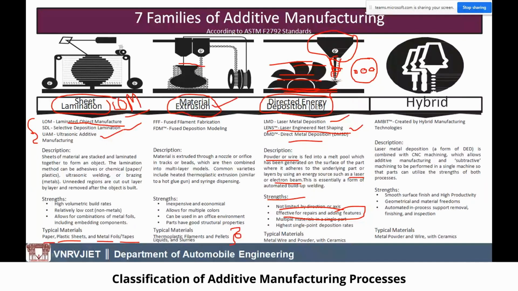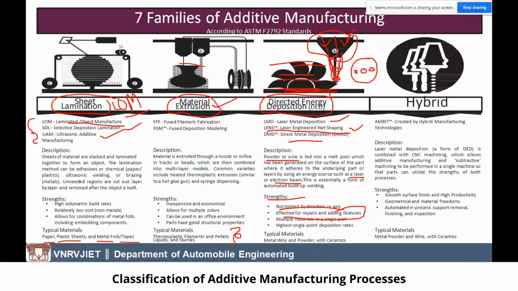And multi-materials can be used for a single part. That's what you can see here. Suppose this chamber is divided into two chambers, and in one chamber you can place one material, and in another chamber you can place another material, and when these two come here, they will be melted and deposited over here, and the deposited material will be solidified.